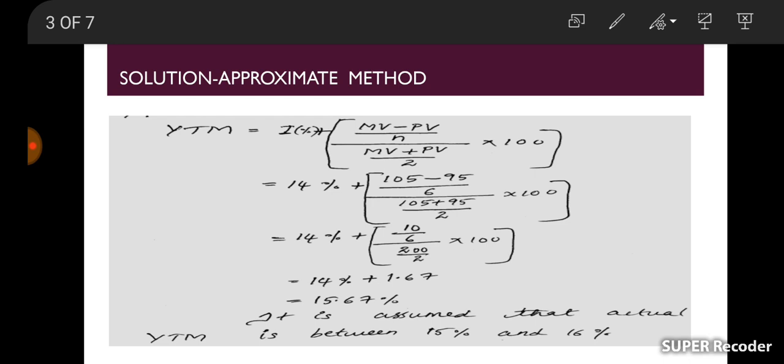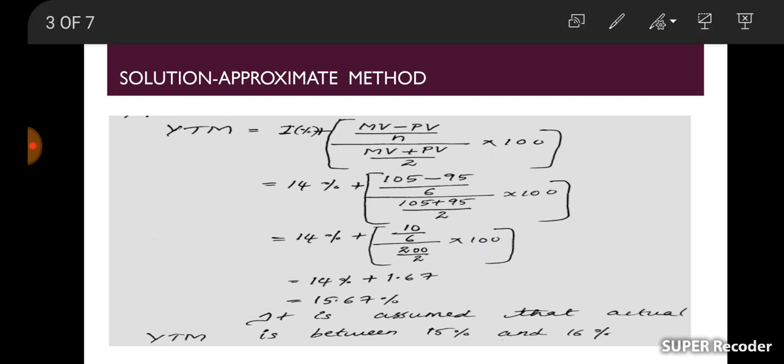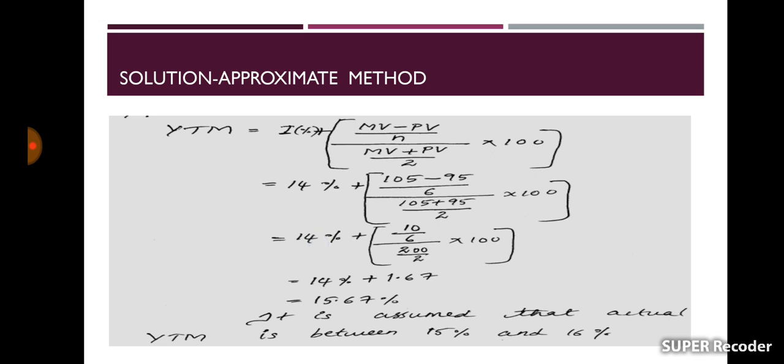So the 100 and this 100 will be cancelled, and then we will get 10 by 6, that's equal to 1.67. Now we are adding 1.67 to this 14% of interest, then we will get 15.67% as YTM.